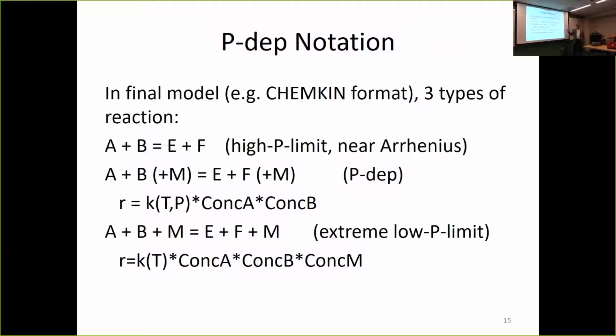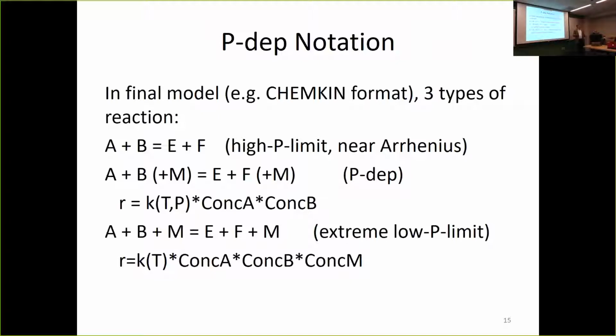You'll also see another notation, A plus B plus M equals E plus F plus M. This one is appropriate in the extreme low pressure limit, so in interstellar space. And there, the rate law is going back to just K of T, just like it was here, times concentration of A times concentration of B, and then also concentration of M, as now it is a thermomolecular reaction.